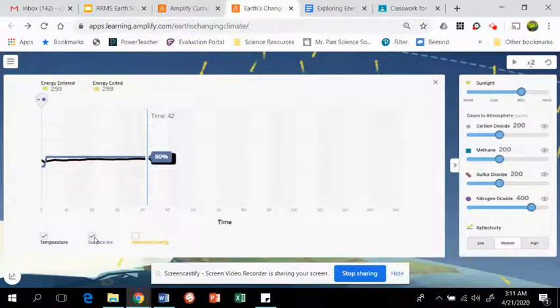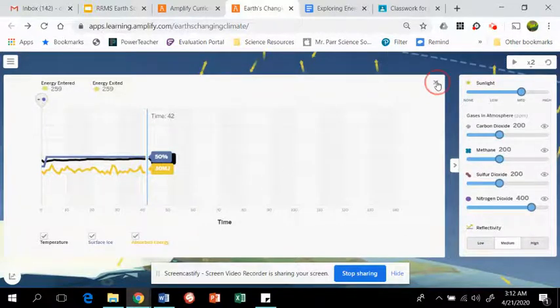The surface ice increased, starting here to going up over here, but not as much as with sulfur dioxide, right? But it did increase. And the absorbed energy, just like with sulfur dioxide, was definitely less.